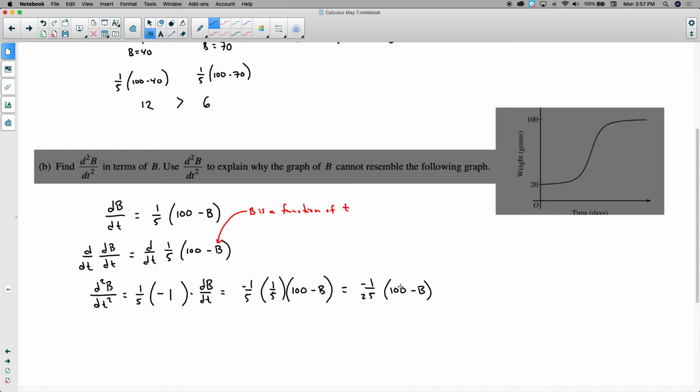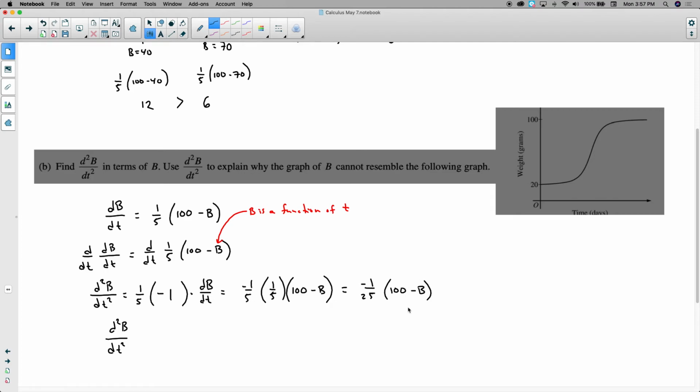Now, I'm supposed to use this to explain why the graph of b cannot resemble this graph. Well, now, second derivatives. When second derivatives are greater than 0, you're concave up. When second derivatives are less than 0, you are concave down.